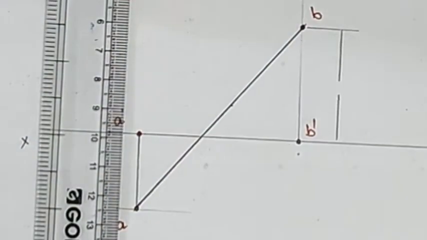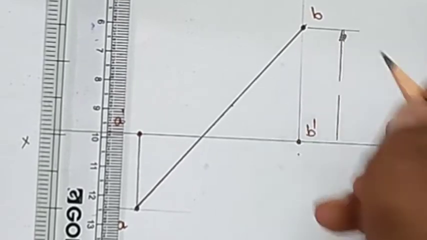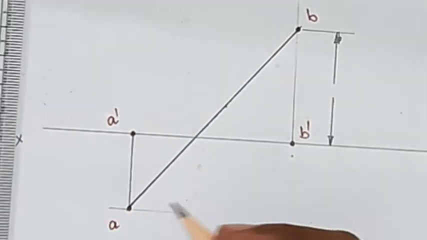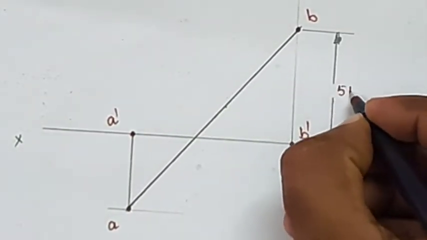They are asking in our problem the distance between point B and the vertical plane. How much will we get? 51 mm.